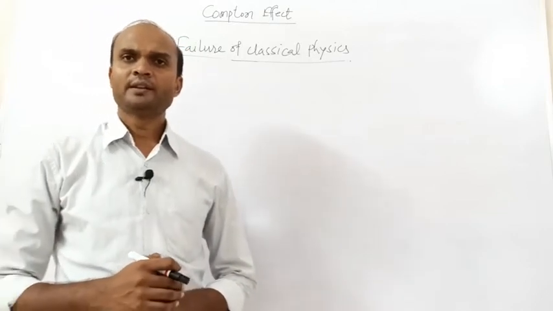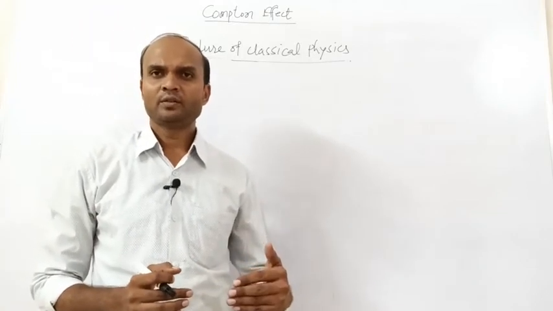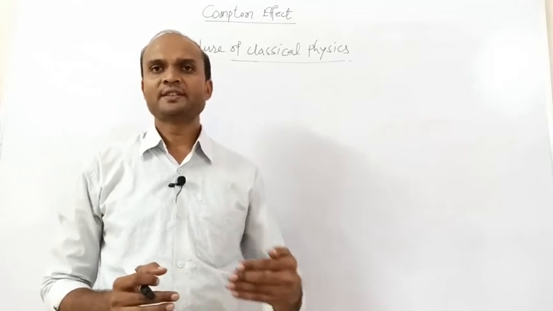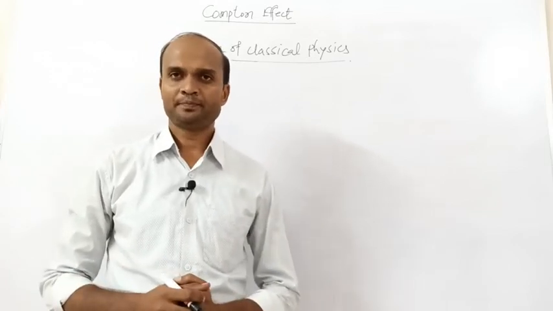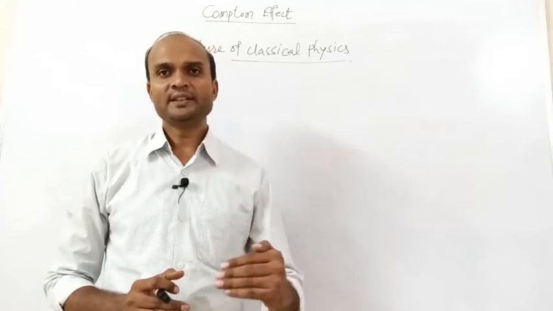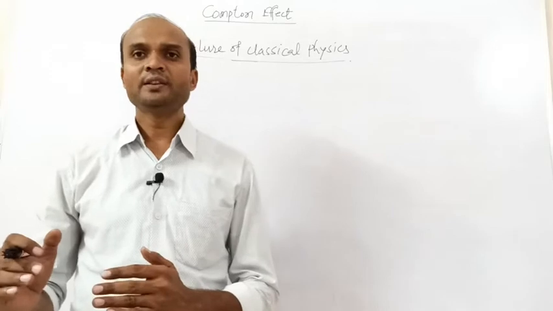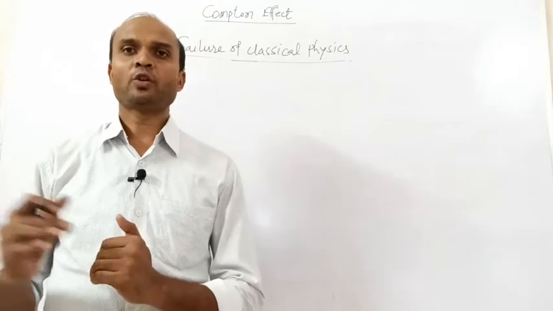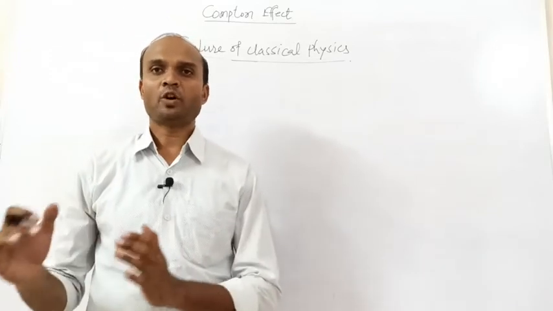So whenever light or X-rays strike the scattering material, the electric vector of that incident light will interact with the loosely bound electrons of the atoms of the scatterer.